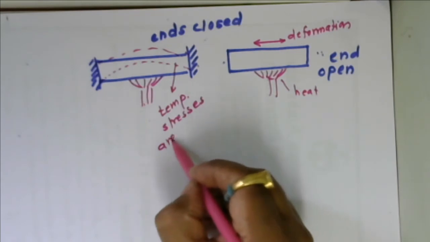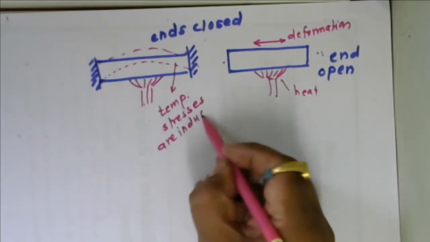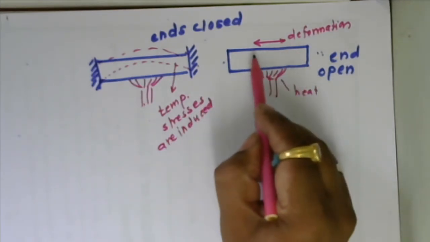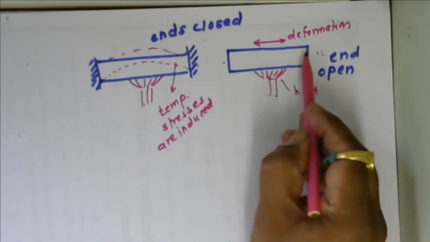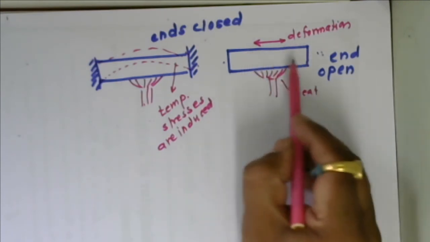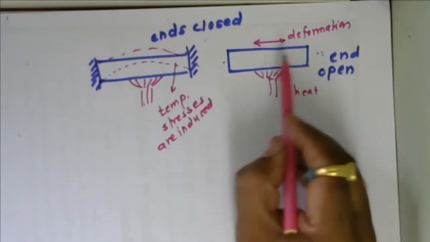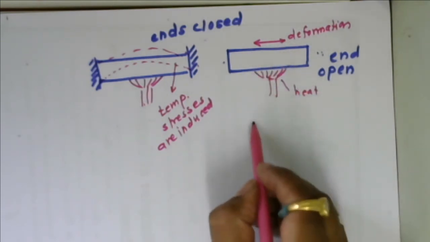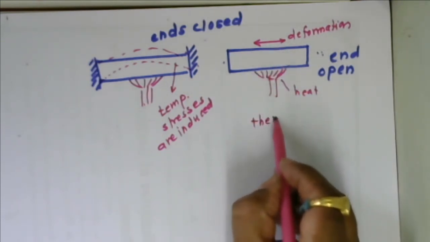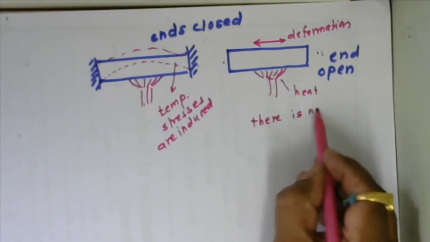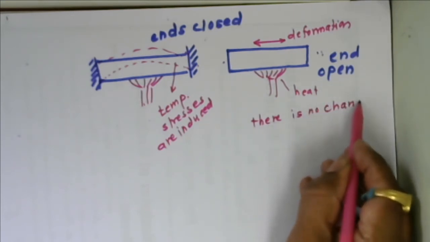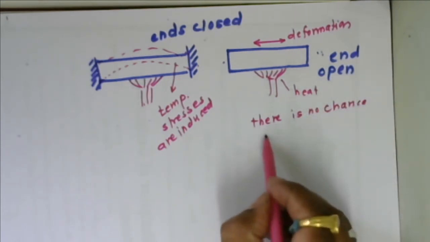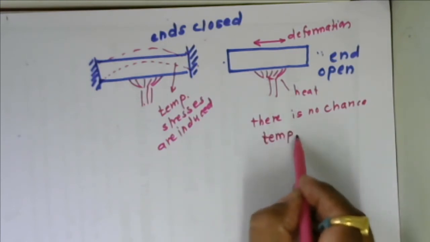Temperature stresses are induced. But in another case, the body is free to expand. So when the body is free to expand or free to contract, there is no chance to induce temperature stresses.